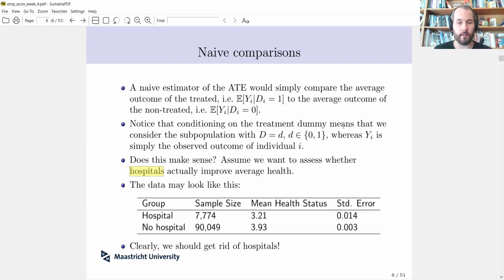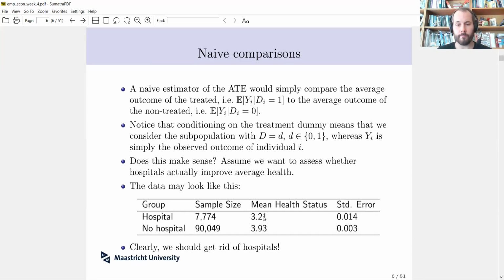If you look at the raw data, we see that for people that go to the hospital, the health status is 3.21, and for people that do not go to the hospital, the health status is 3.93. So what would be the naive treatment effect for going to a hospital? It would actually be negative. Your health status is lower if you are in a group that goes to the hospital.